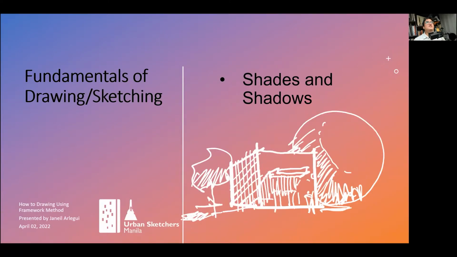And then of course we have shades and shadows. The thing about it is that it gives cues of depth and form. In order for you to communicate form, you have to have shading on it, right? For example, the round thing, the circle, is interpreted as what? A sphere rather than a circle, because I gave a cue here of shading.